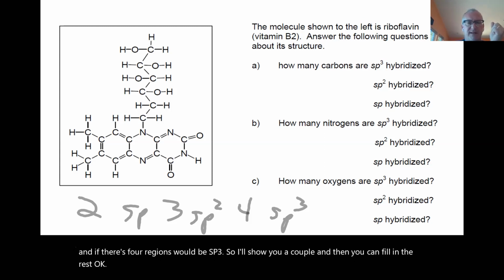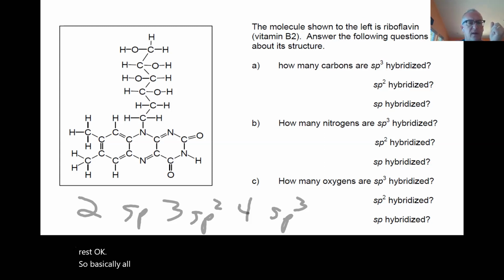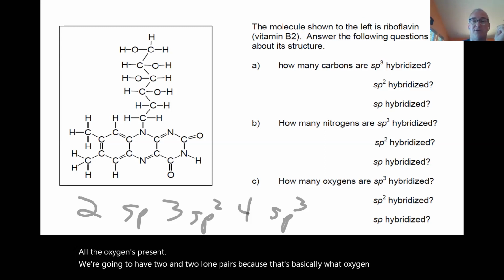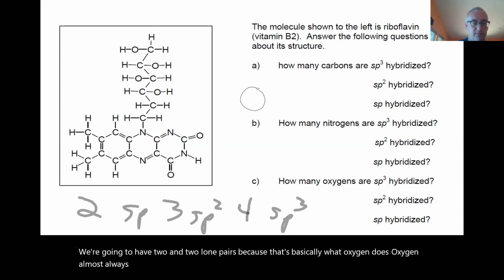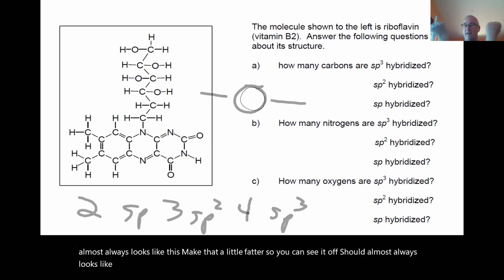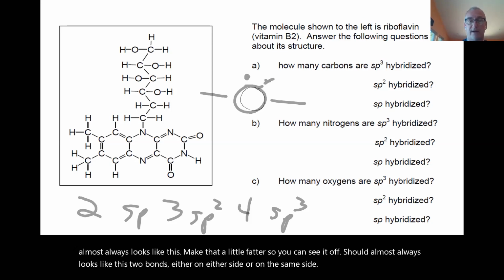Basically all of the oxygens present are going to have 2 bonds and 2 lone pairs, because that's basically what oxygen does. Oxygen almost always looks like this. Let me make that a little fatter so you can see it. Oxygen almost always has 2 bonds, either on either side or on the same side, and 2 lone pairs.